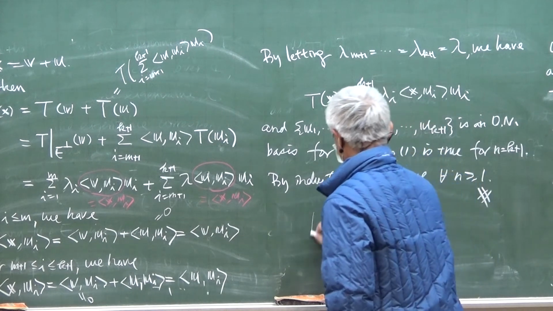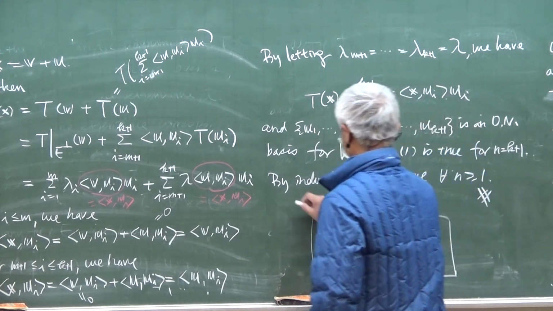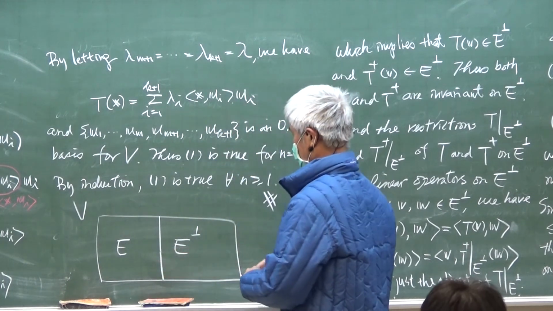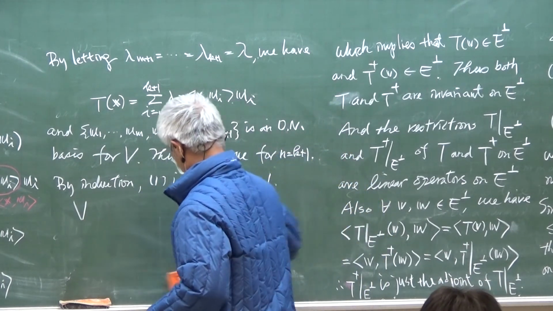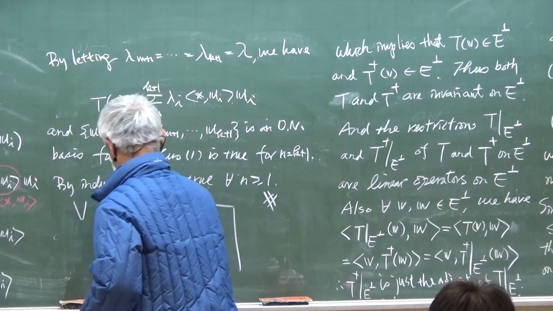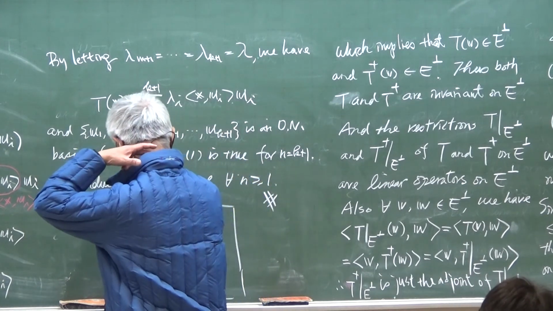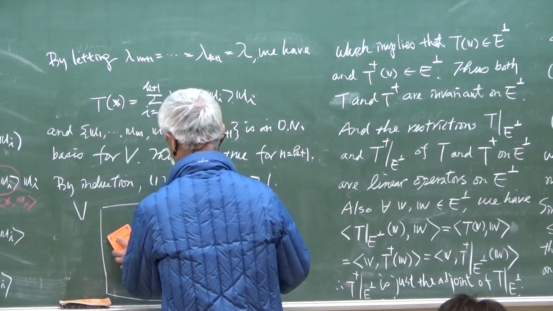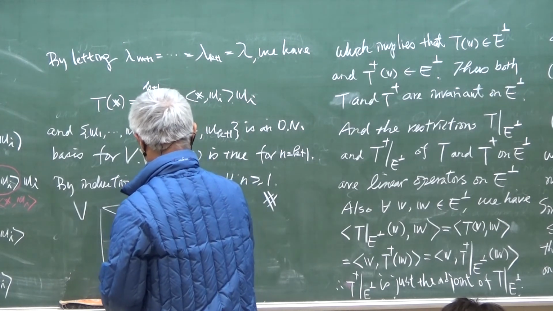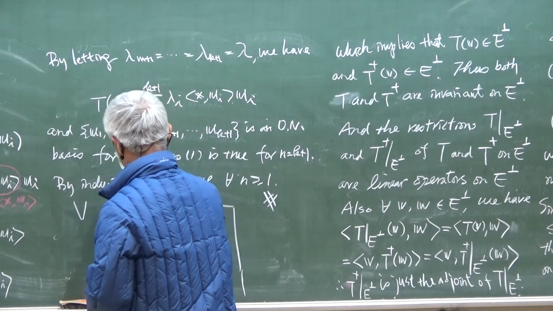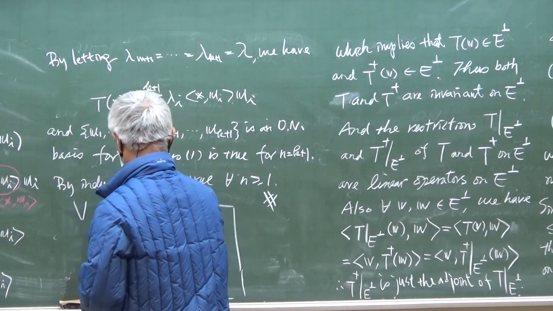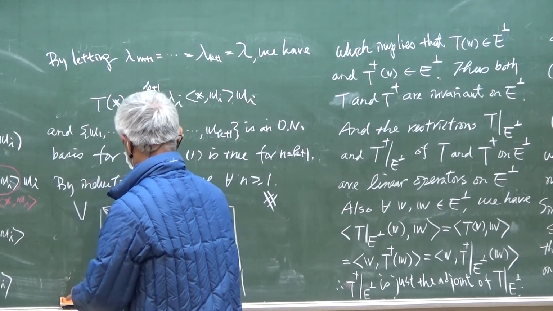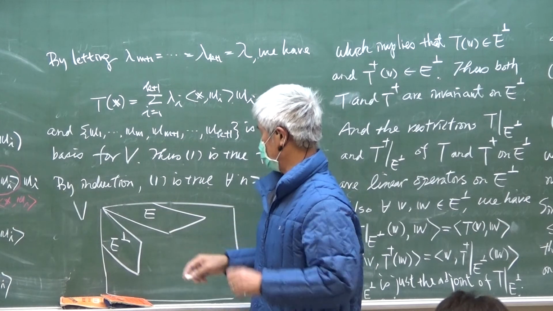Okay, so the idea, let me draw the graph. V is here, E is here, this is E, and this is E perp.